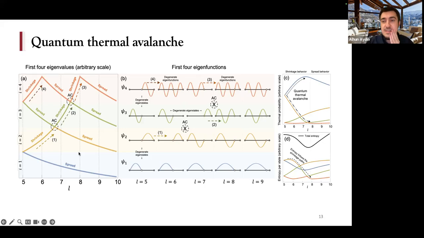Because look at what happens in the thermal probability, for example. Because of this shrinkage, the thermal probability of the first excited state decreases dramatically. And this leads to the increase of the ground state even more.